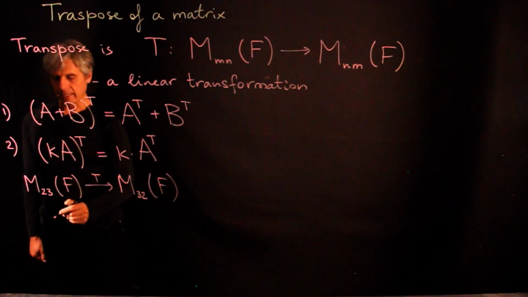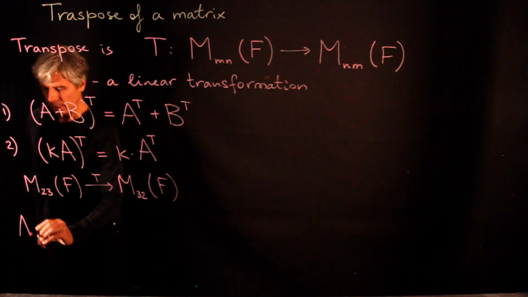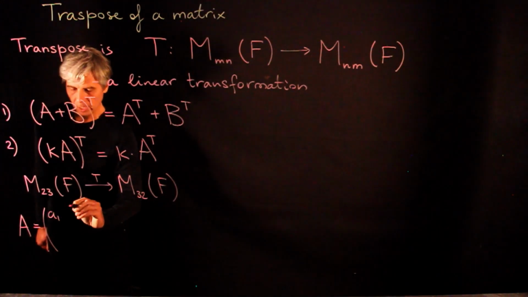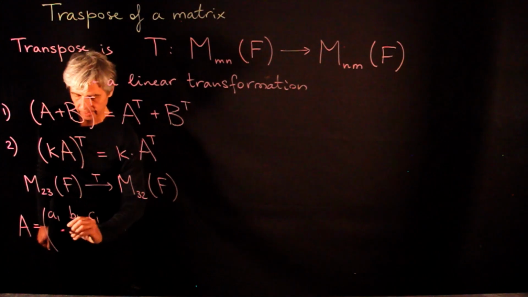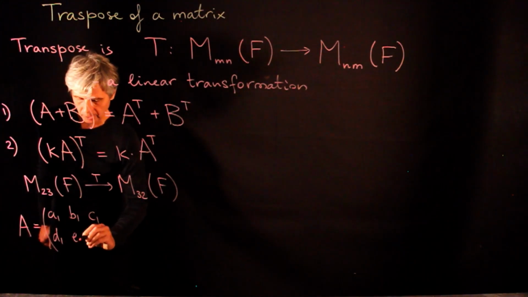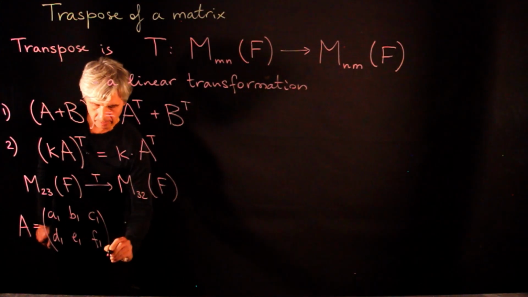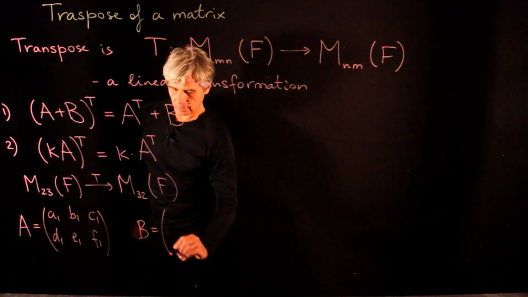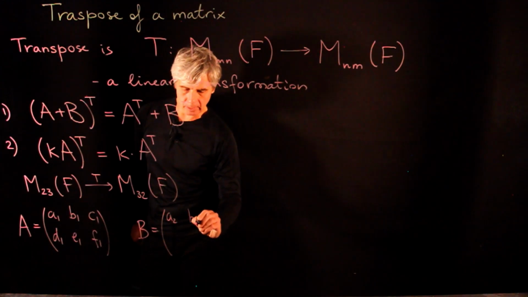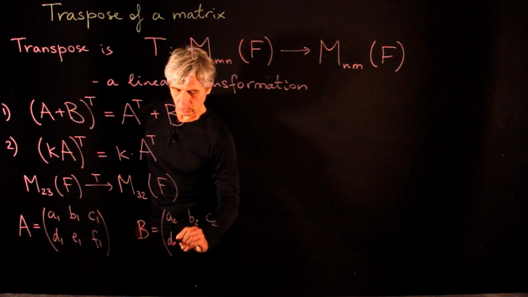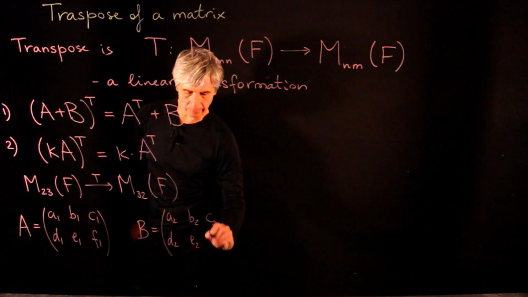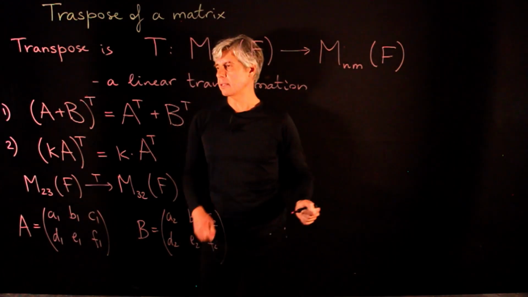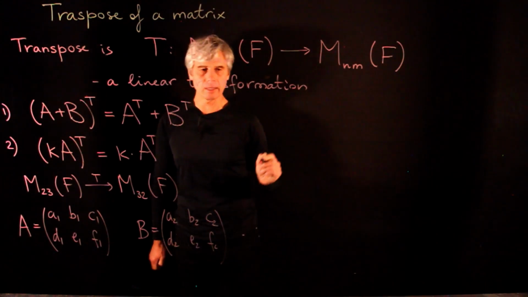All right, so let's take matrix A to be the matrix A1, B1, C1, D1, E1, F1, and the matrix B to be A2, B2, C2, D2, E2, F2. And now we calculate the left-hand side and the right-hand side.